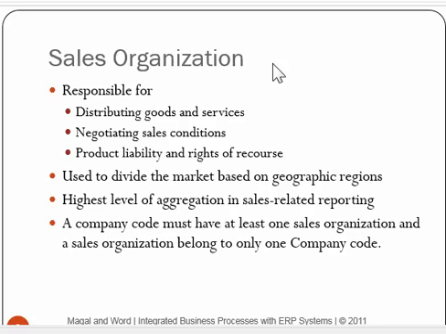When we report the sales, we report at the sales organization level. So your report says your sales in North America, your sales in Europe, your sales in China or Far East, and so on. So reporting your sales is by geographic location, which is by sales organization.